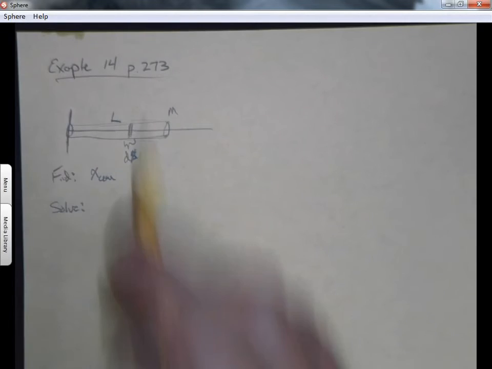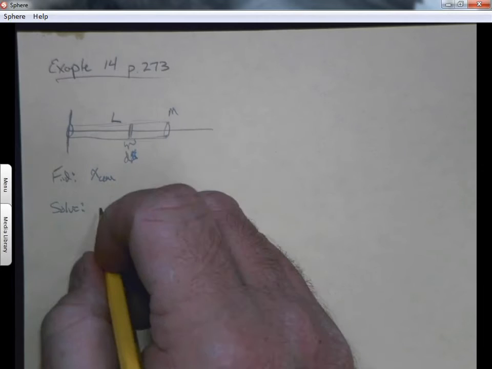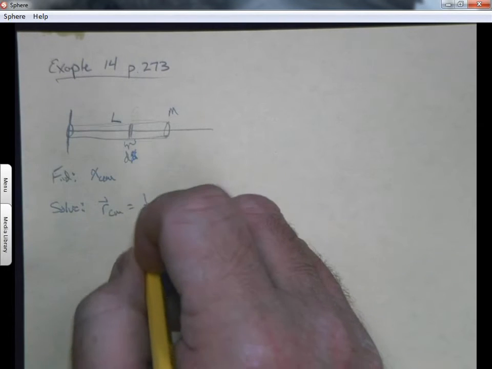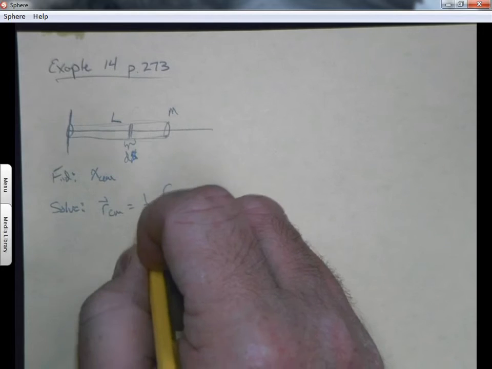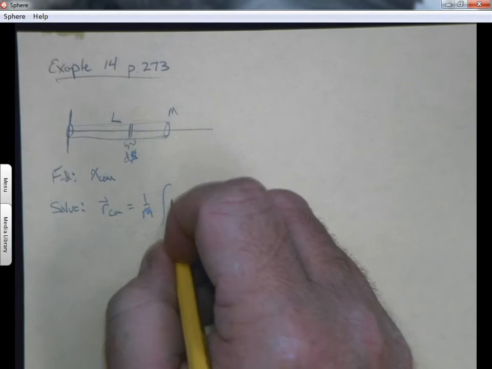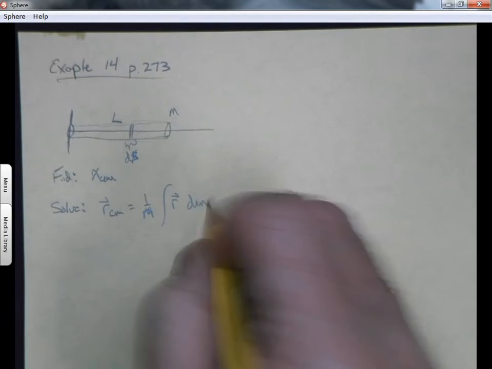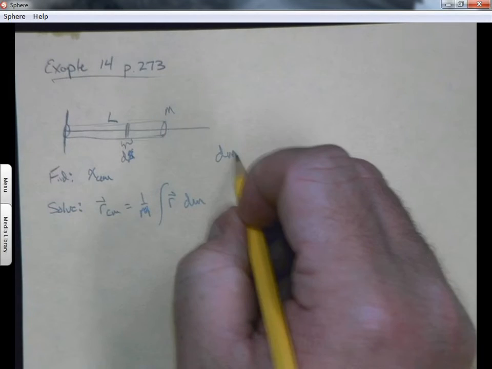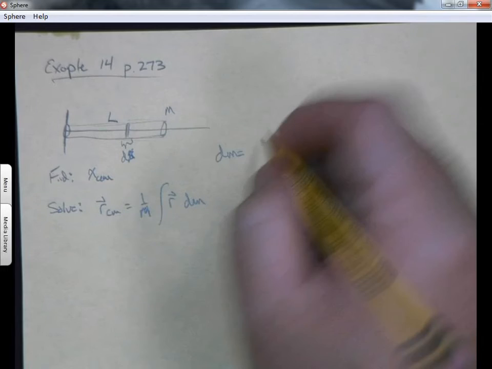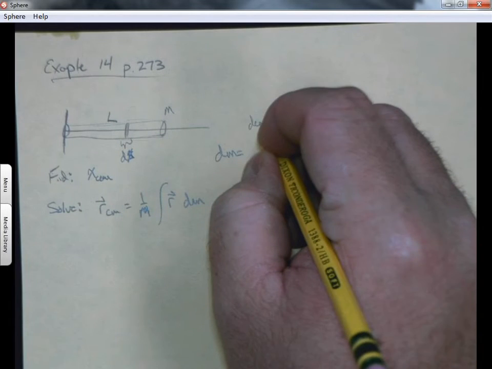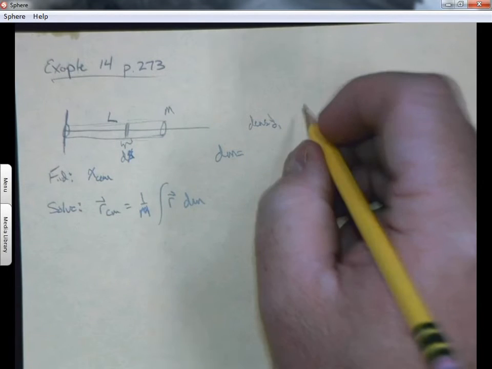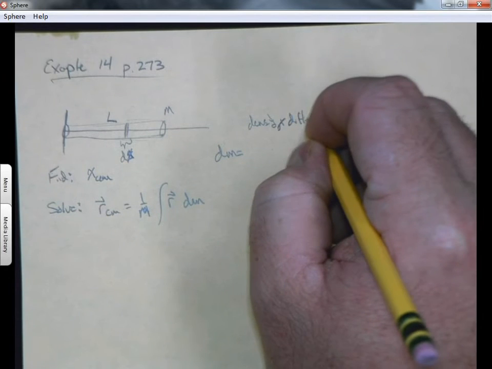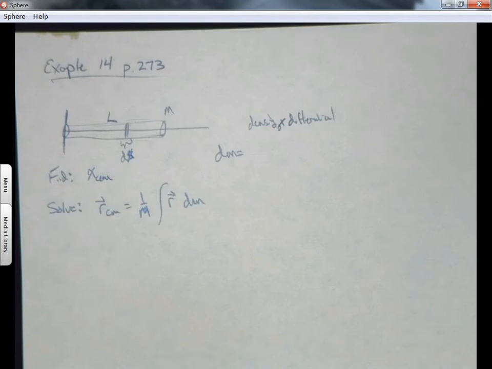All right. So we're going to solve for the position, which equals 1 over big M, the total mass, times the integral of r dm. But in this case, our dm is going to equal our density times our differential.